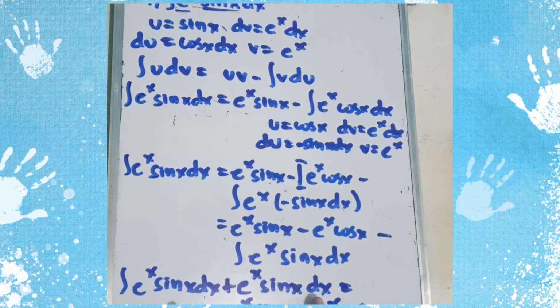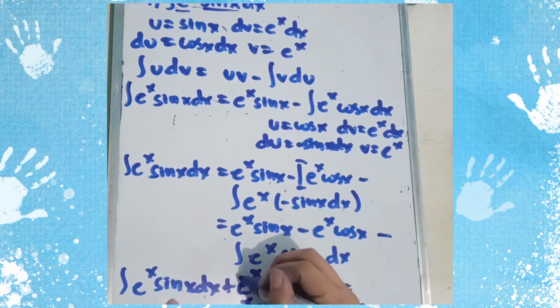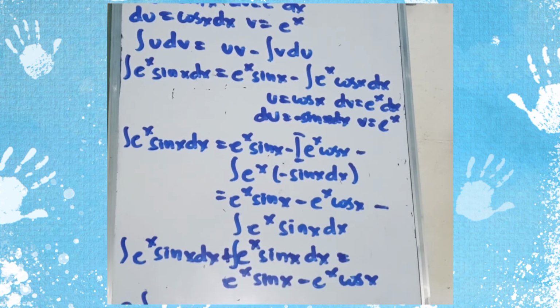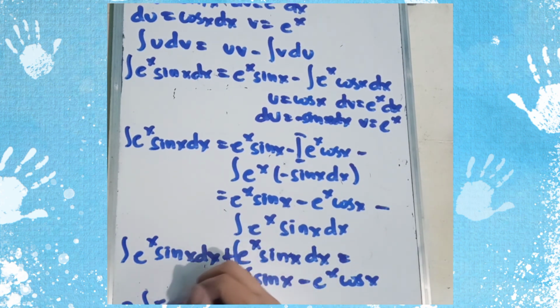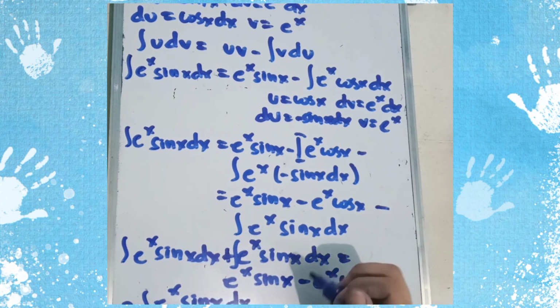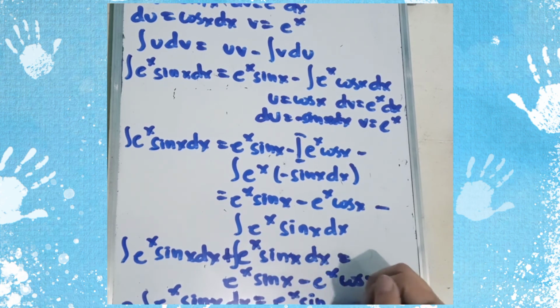Now, integral, so that will be 2 integral of e raised to x sine x dx, because there are 2 of them, is equal to e raised to x sine x minus e raised to x cosine x.